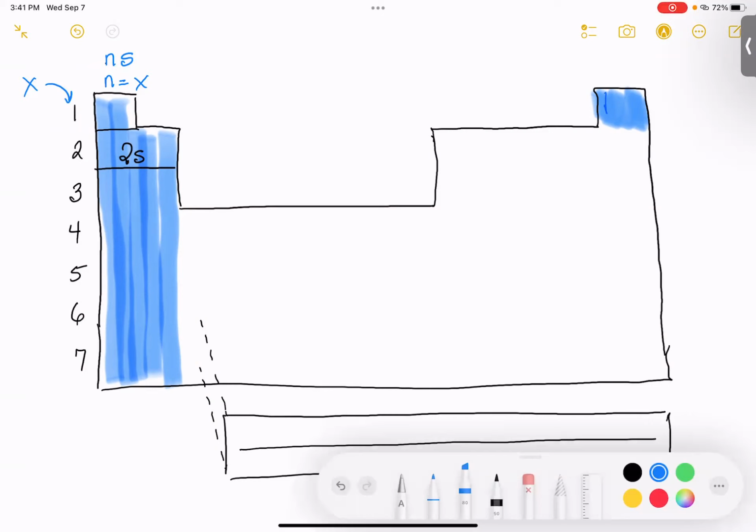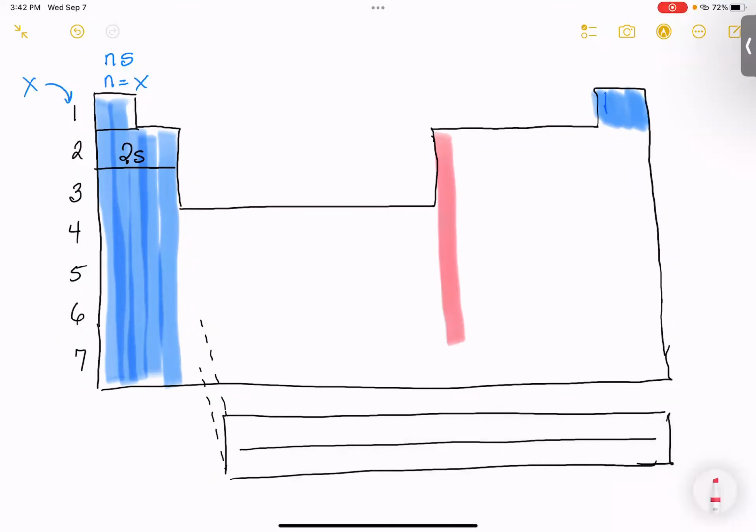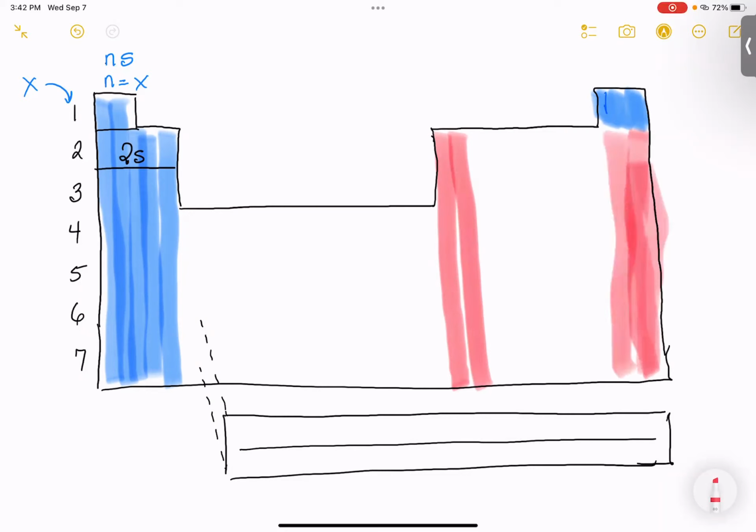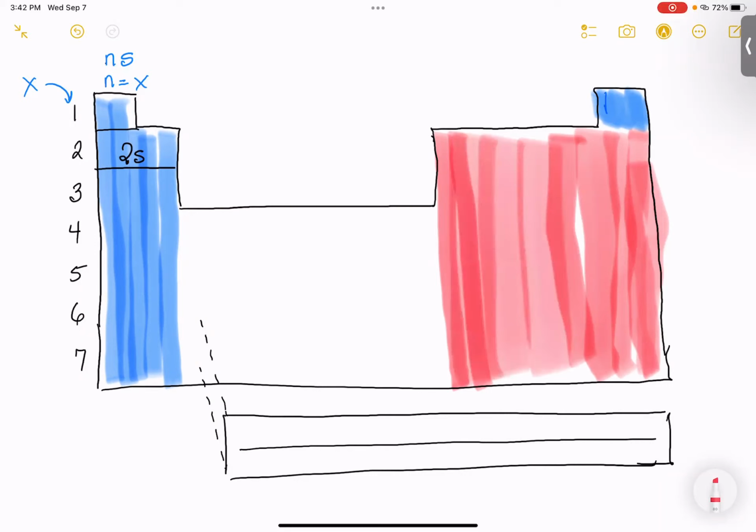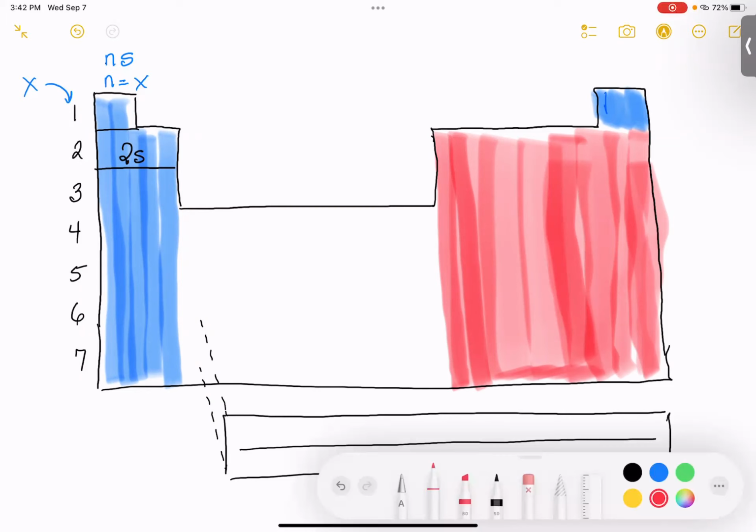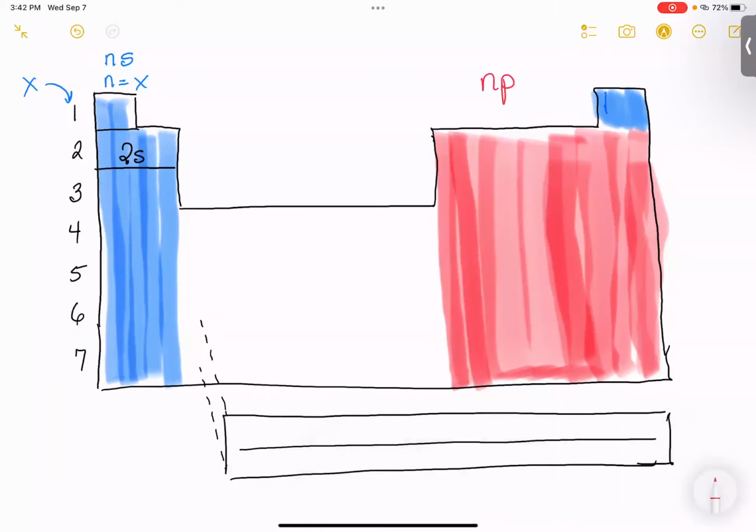Now, when you get over to the other part of the main group, which includes all the way over from group 13 to group 18, this is referred to as the NP. Where N equals the X again.